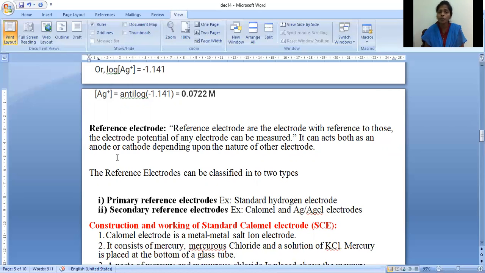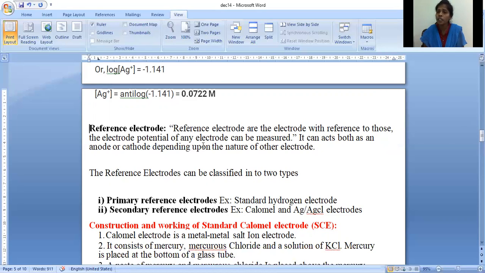So reference electrodes are the electrodes with reference to which the electrode potential of any electrode can be measured. Yes, that means by using a reference electrode, we can find the electrode potential of any electrode. That means the reference electrode's electrode potential value is known. We can define it in another way.